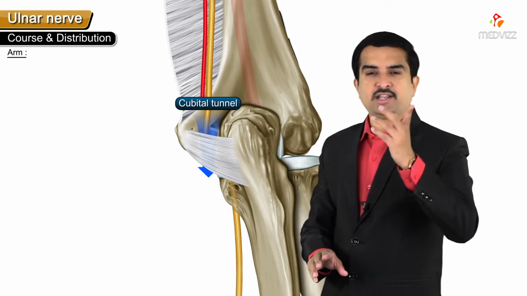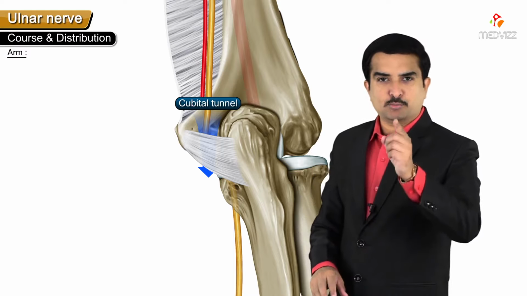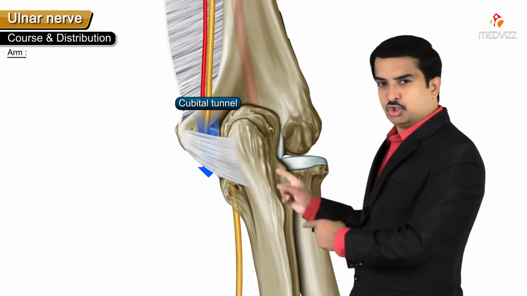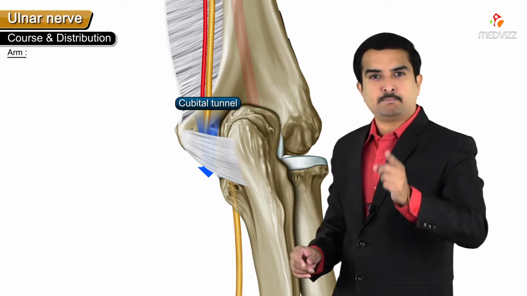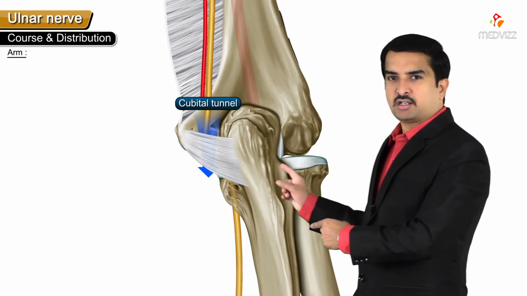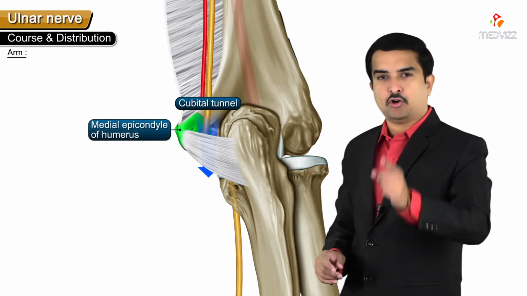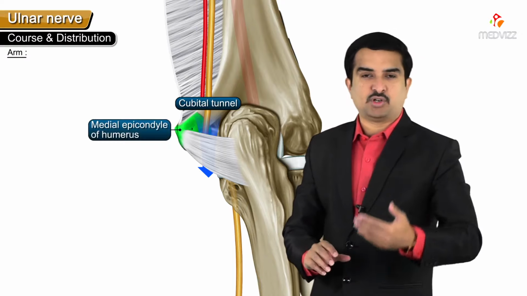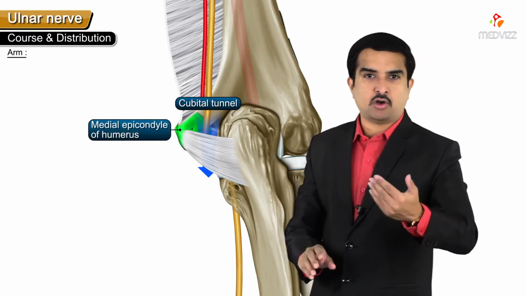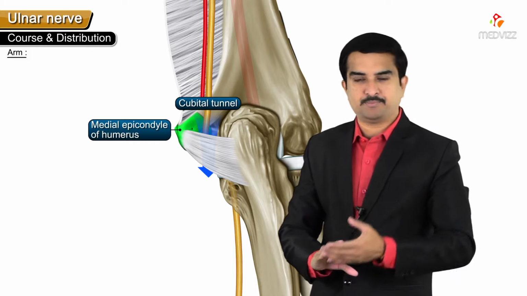So what is the cubital tunnel? The cubital tunnel is a space through which the ulnar nerve passes posterior to the medial epicondyle of the humerus. This is what we need to know about the course of the ulnar nerve in the arm.